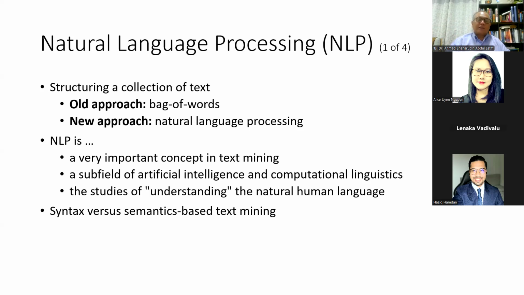NLP involves the understanding of natural human language so that it can be interpreted by the machine, by the computer. When we communicate with the computer, whatever language we use, the computer understands what it is told, as well as when we have documents or a repository written in natural language, and we want the computer to be able to process and analyze the documents.